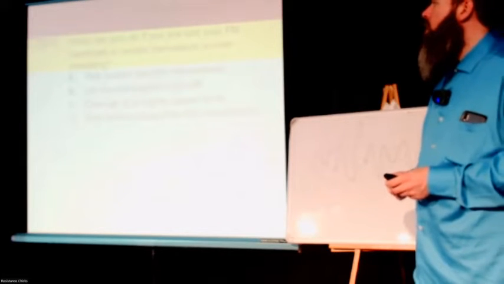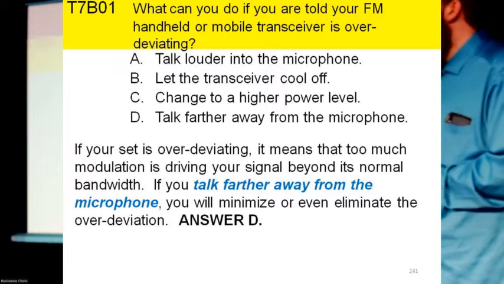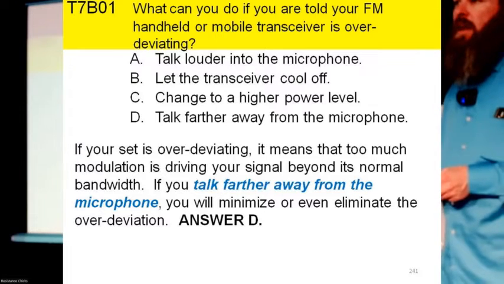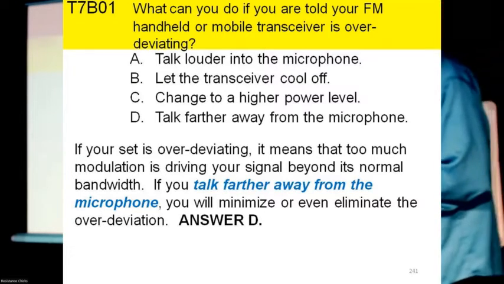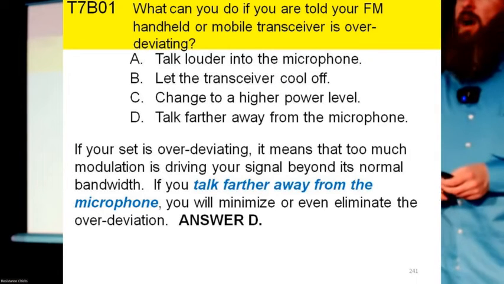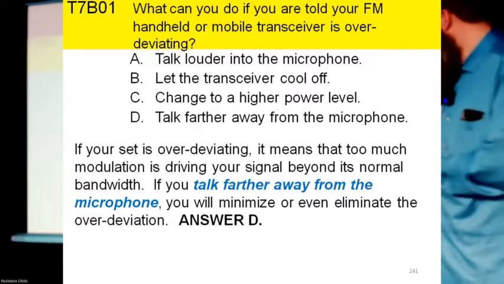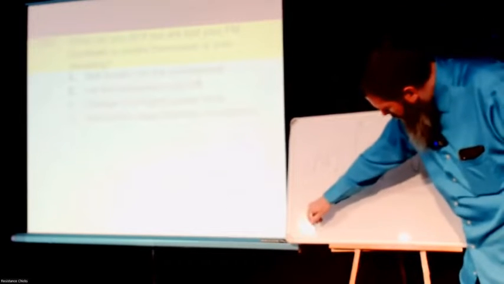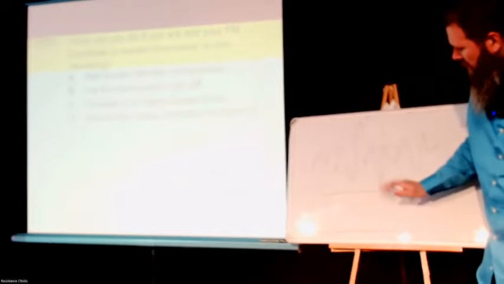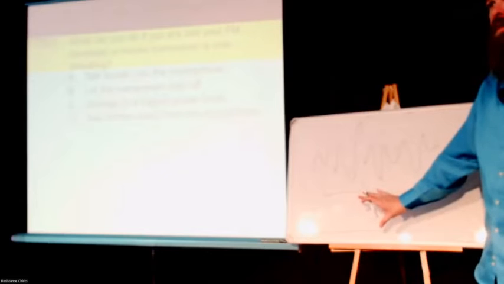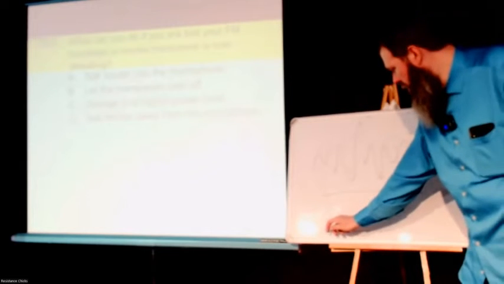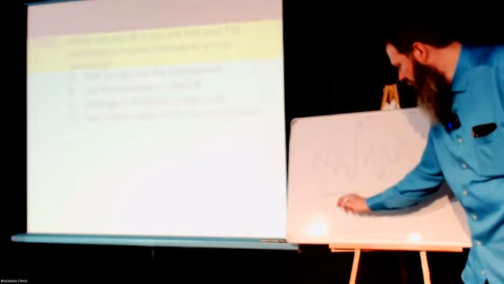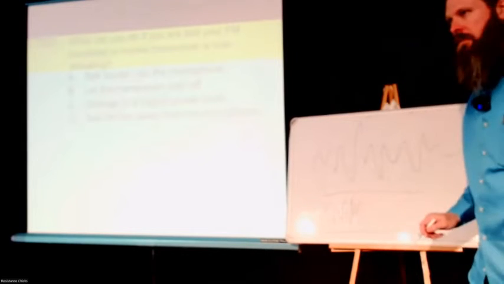What can you do if you're told your FM handheld or mobile transceiver is over deviating? Okay, so over deviation is where your audio is getting clipped. So you would have, here is the width of the amount of voice bandwidth you have. It should look something like that.